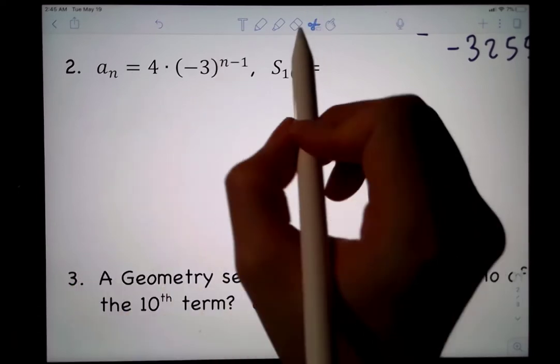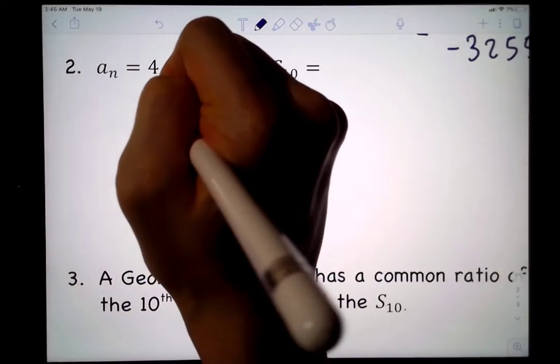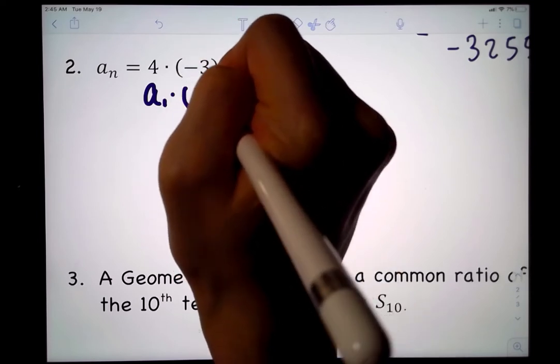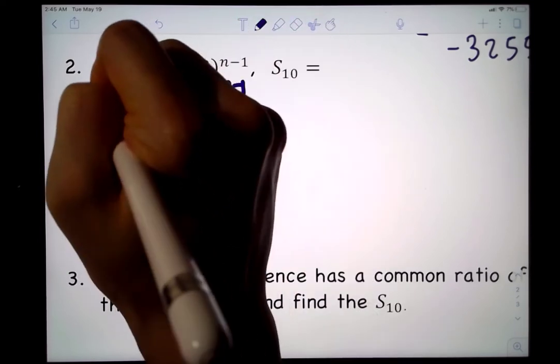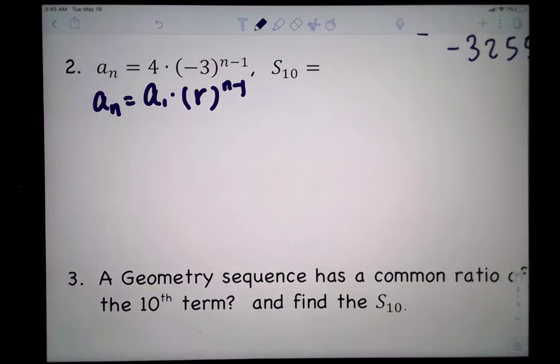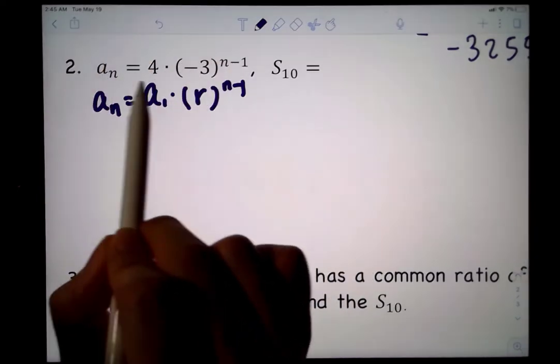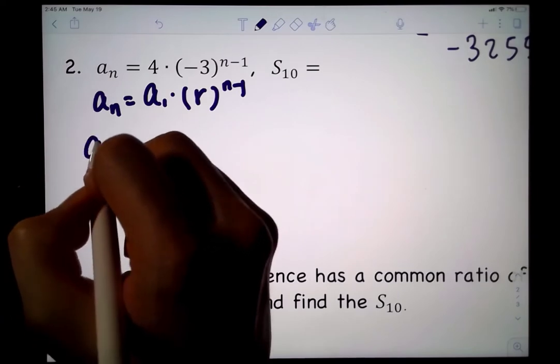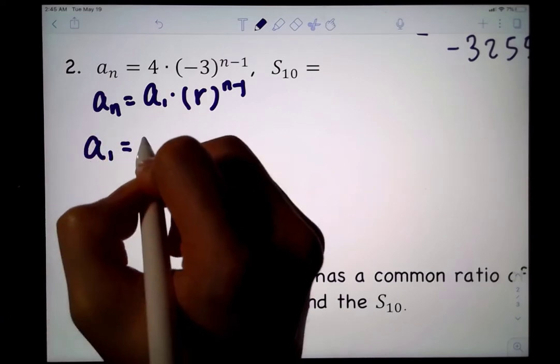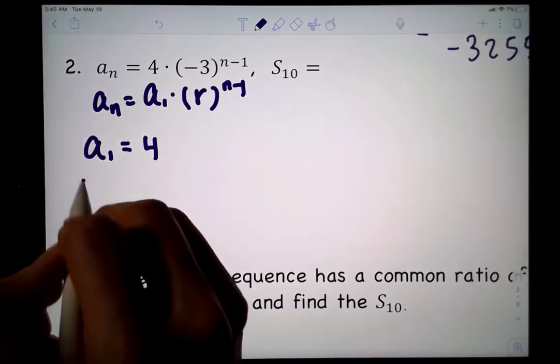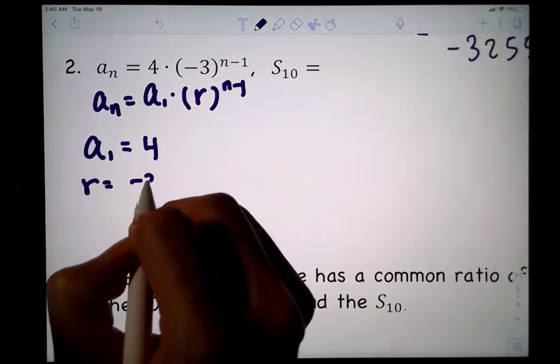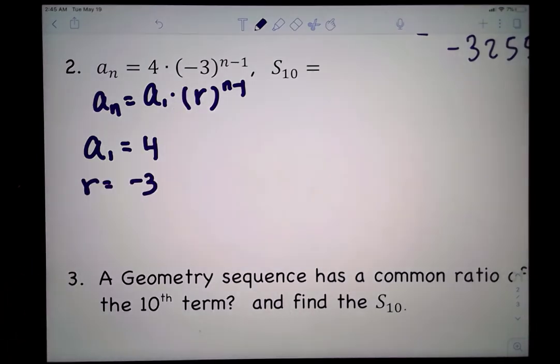Because you have A1 times r to the n minus 1. That is our explicit formula for the geometric sequence. So from this formula we see my A1 is 4 and my r is -3.